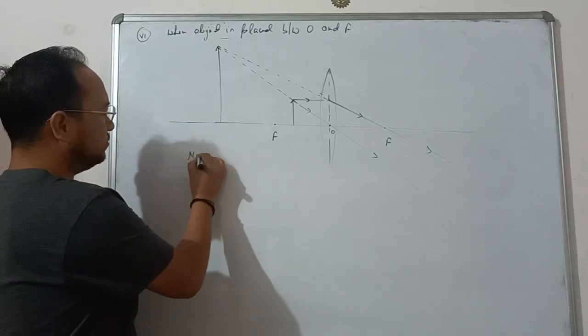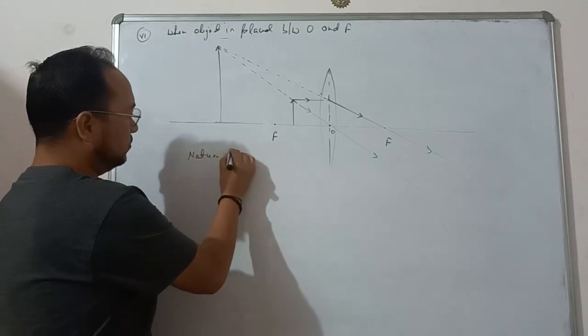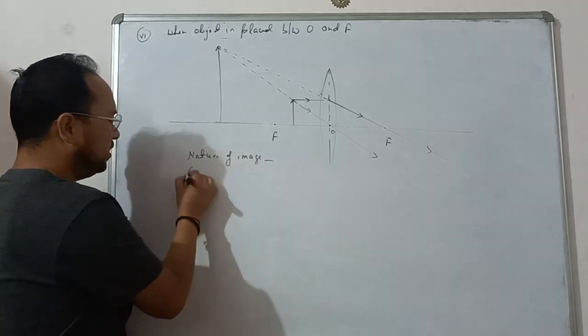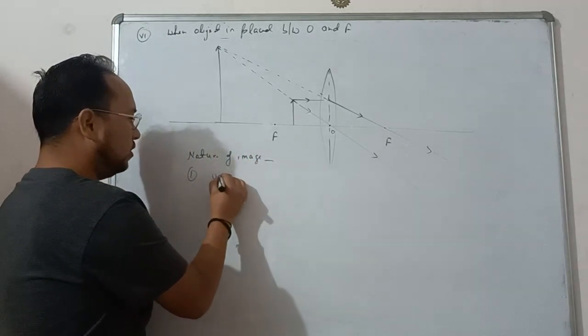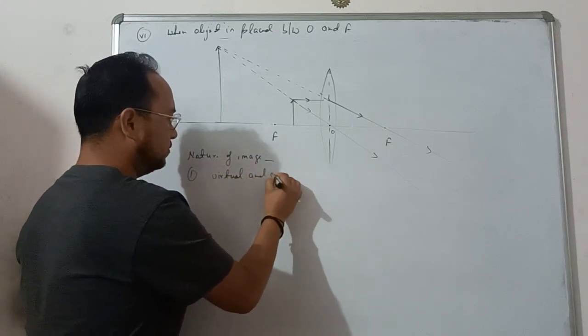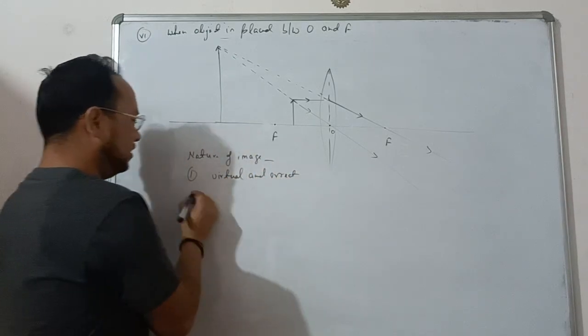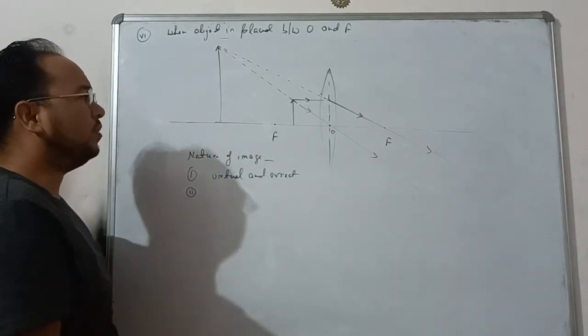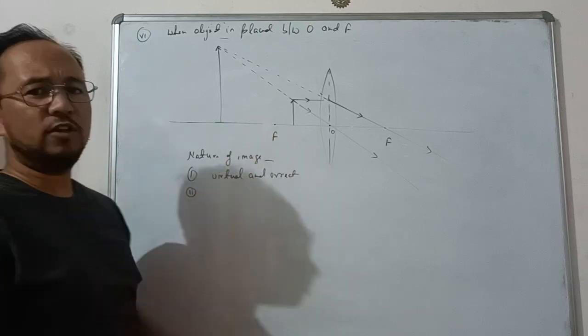So the nature of image: first one is virtual and erect. Second one, where it is formed? It is formed on the same side of the object.